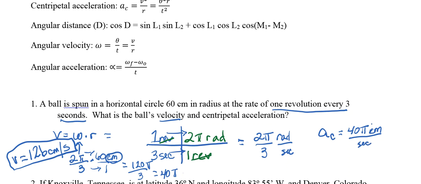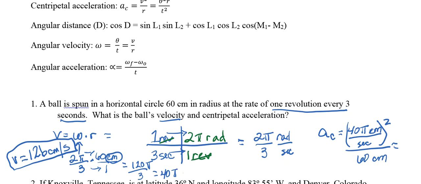So I'm going to take that, I'm going to square it, and then I'm going to divide it by the radius of 60 centimeters. So 40 times pi, I'm going to go ahead and square it, and then I'm going to go ahead and divide by 60.